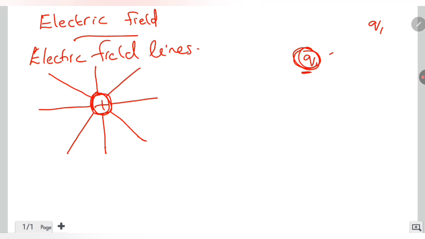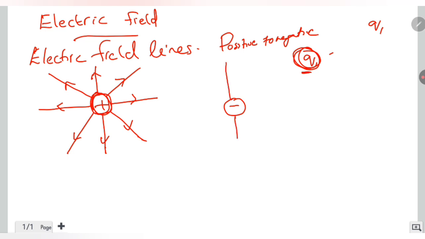If it's positive, the direction is always from positive to negative. So from positive means the arrows must be outwards like this one. So this shows the electric field due to a positive charge. If it is a negative charge, same shape, but the difference is the direction.